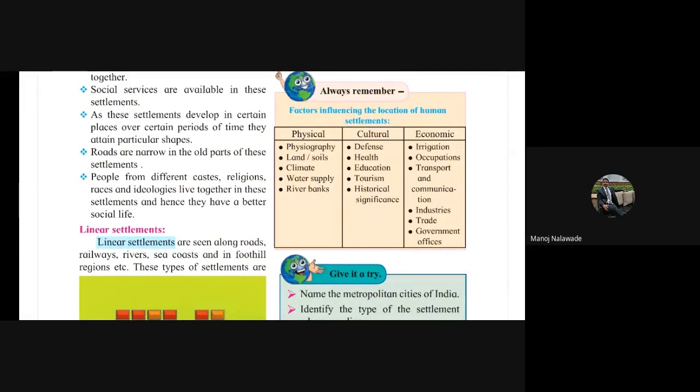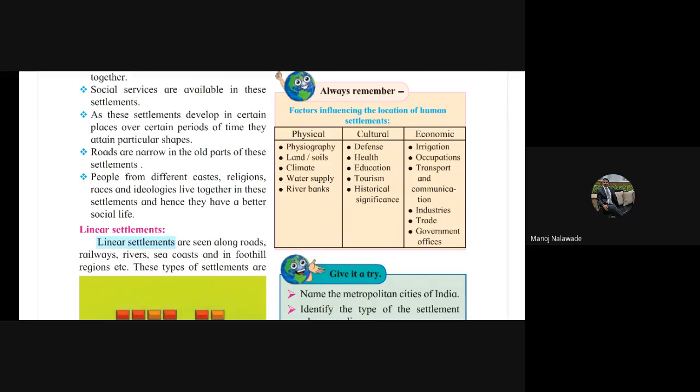Tourism: at tourist places we already know there is a settlement of different things. Historical significance: if a place is historically significant, if there is any monument or sculpture over there, people will settle there. So these are the cultural factors.